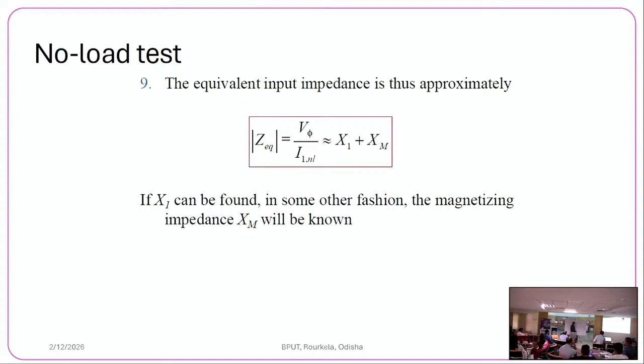Because the rotor current is 0, Z1 is equal to the square root of R1 square plus (XM plus X1) square. We have measured V1 and I1, so you get Z1, then you know R1, so you get XM plus X1.